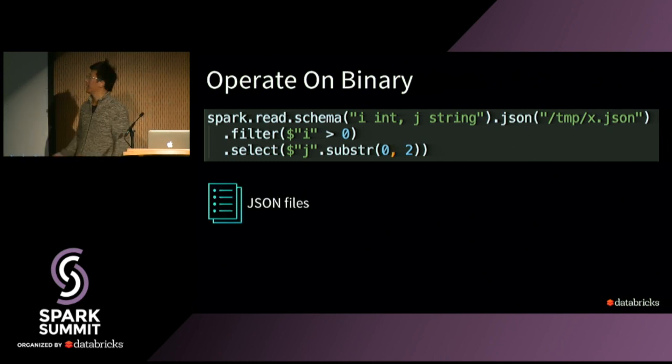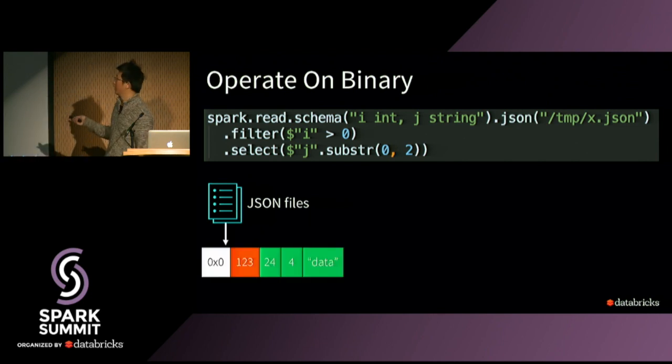First of all is the data source, the JSON files, and then we load the data from the JSON files into memory row by row. Let's say the first row has 2 columns, 123, and the data. Then we come to the filter operator. How can we implement a filter and let it evaluate on this format?